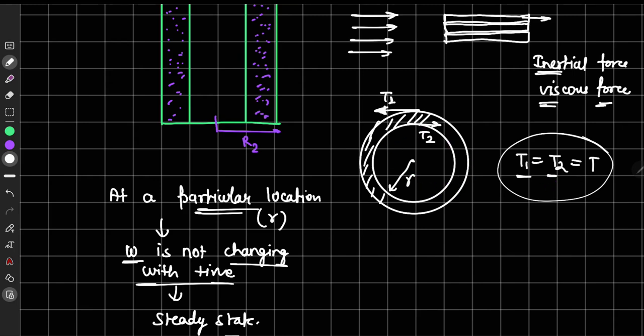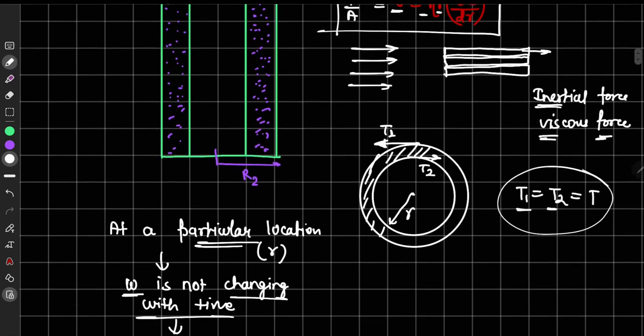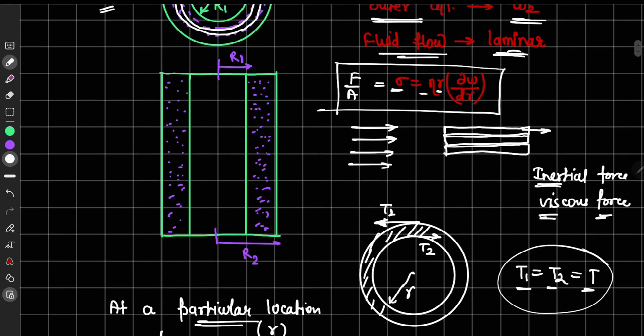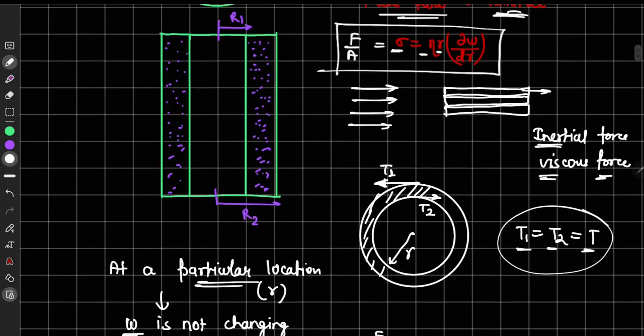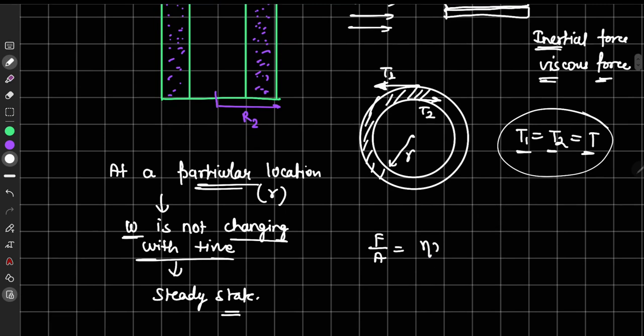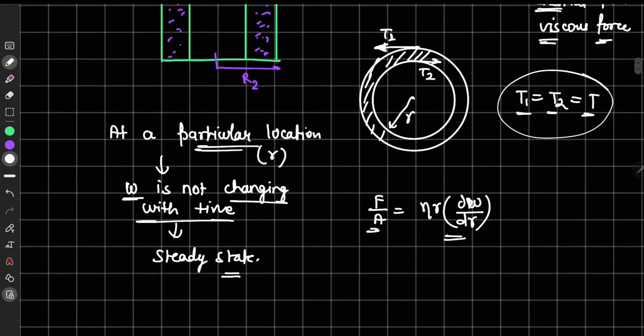Now, the torque is constant, so let us find the torque from here. We can write force upon area is equal to eta r d omega upon dr. What is this area?